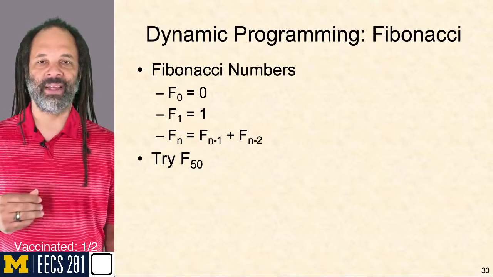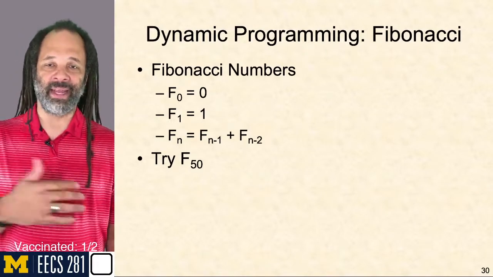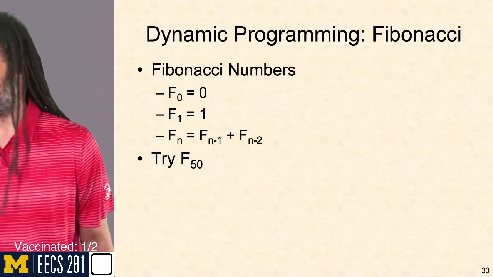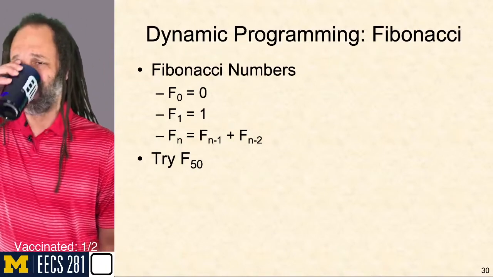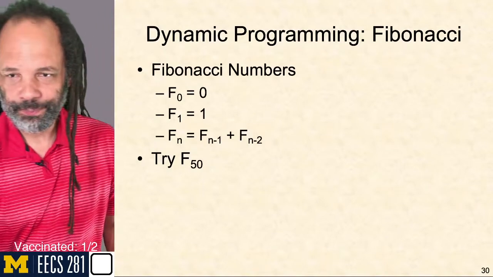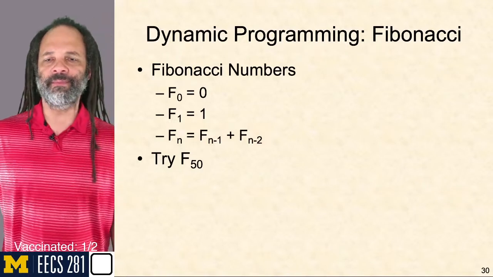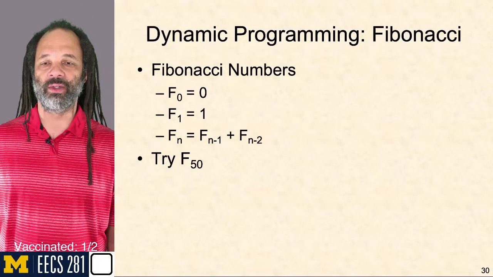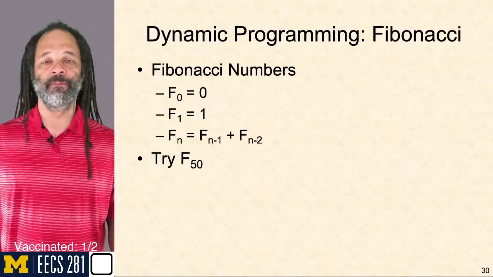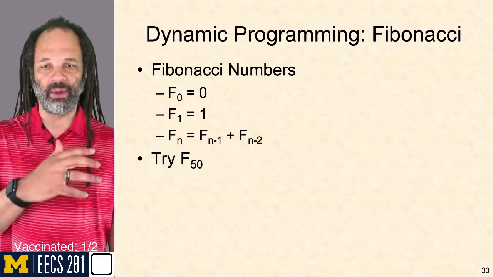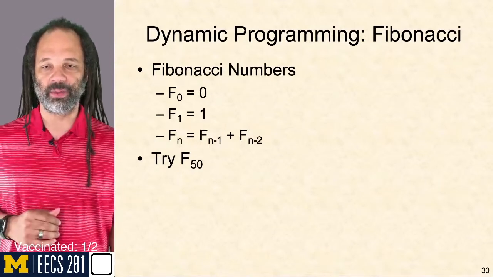You know that I can combine any 2 to make the next one. Base case: Fibonacci 0 is 0, Fibonacci 1 is 1. Every Fibonacci number after that is the combination of the 2 numbers previous. So f of n is equal to f of n minus 1 plus f of n minus 2.